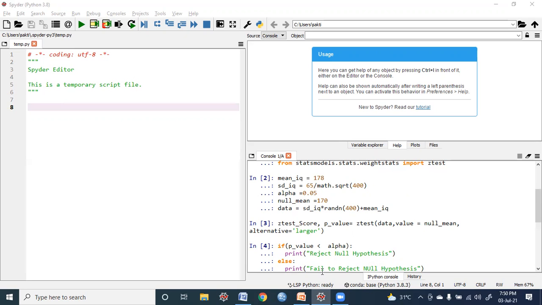So this is how we work with the p-value approach. If you look at both results, either with the critical value approach or with the p-value approach, we have the conclusion of rejecting the null hypothesis. So this is what I want to convey today, guys. I hope you have enjoyed the session. Thank you.